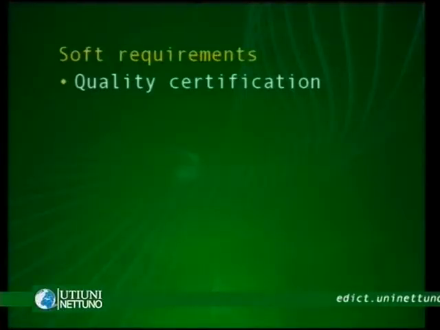Quality certification. We all know quality is non-negotiable. People don't even ask about quality anymore. Obviously, there must be quality certificates in place, but if they negotiate, they accept that quality is in place.